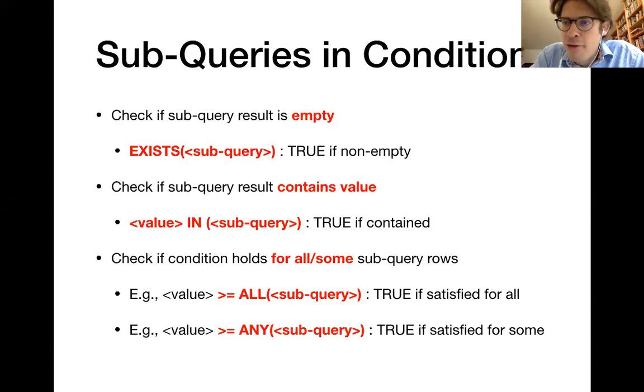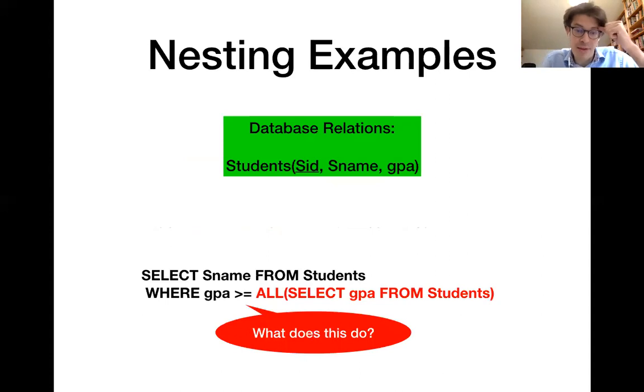Another thing that you can use is the all and any keywords. Essentially you use them to test whether some condition is satisfied either for all result rows of a subquery or for any, meaning for at least some of them. In that case, the corresponding condition returns true. Let's perhaps see one more example for the last possibility here.